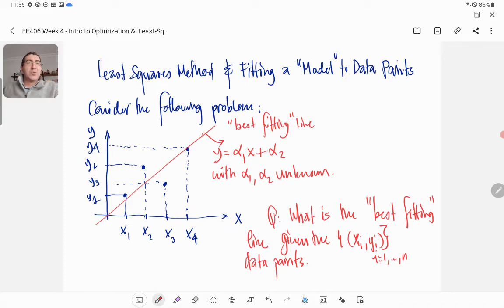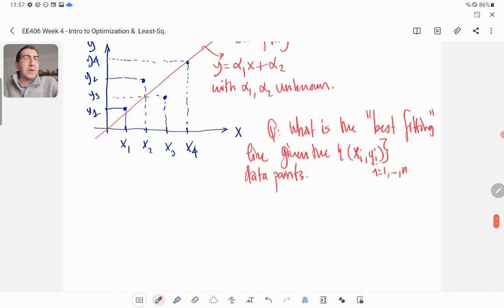So most likely this line will not be able to pass through all the points, because we know that a line can only pass uniquely through 2 points. The 2 points actually define the line, but there are more points. So what should we do with the other points? Okay. In that case, we come to the concept of the best fitting line. How to use all of the data points, but still be able to find the best fitting line.